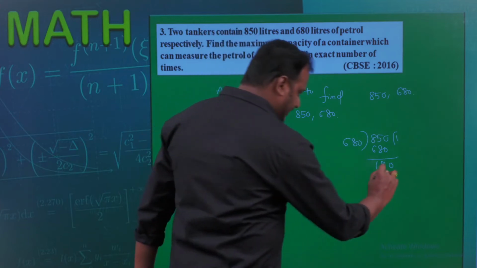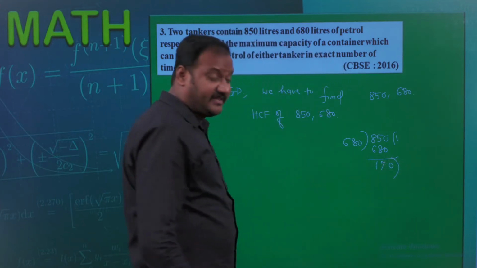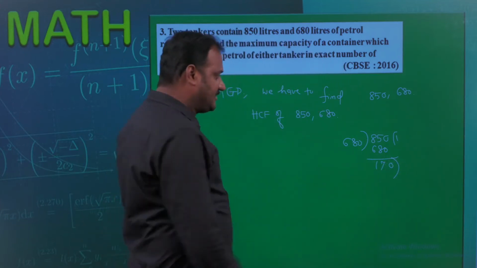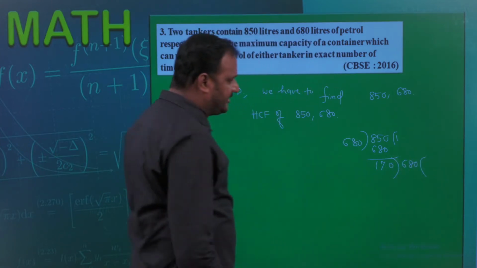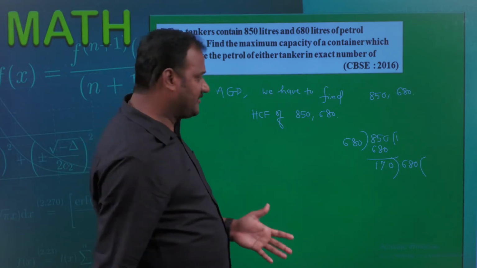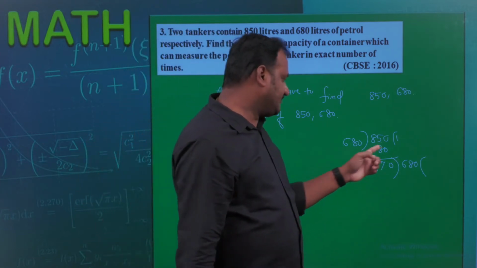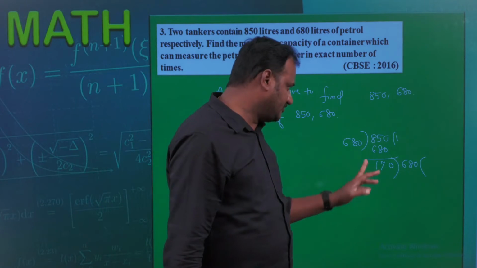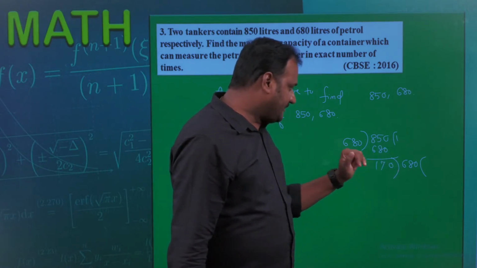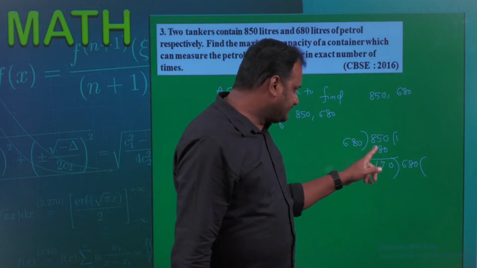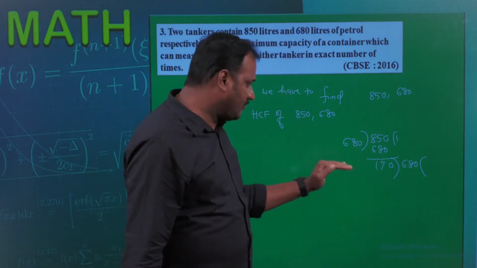So 170 will be the divisor, and this divisor will be the dividend. So 680. Now how many number of times? Let us check our calculations all the time. 680 ones are 680. 0 minus 0 equal to 0. 15 minus 8 equal to 7. And then 7 minus 6 is equal to 1. 170, 680.